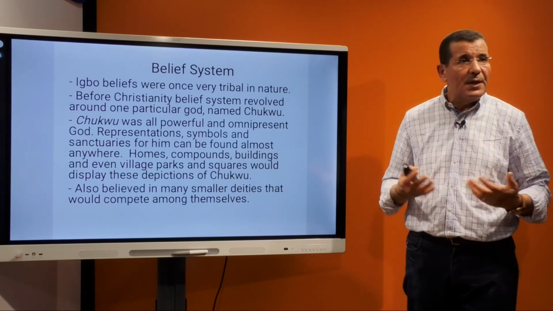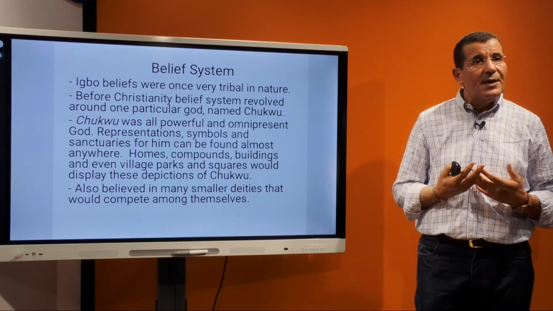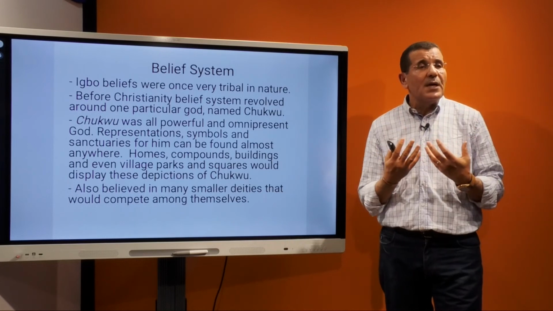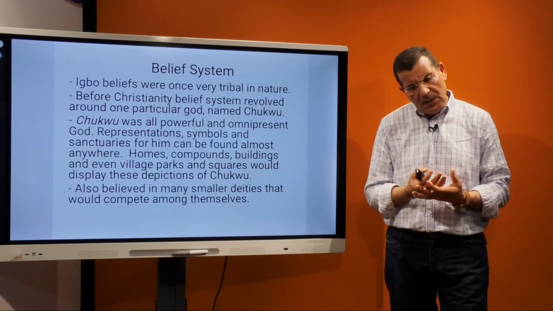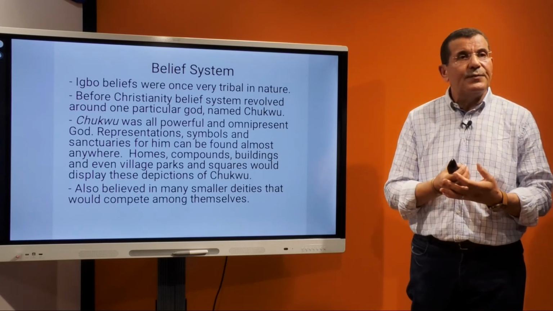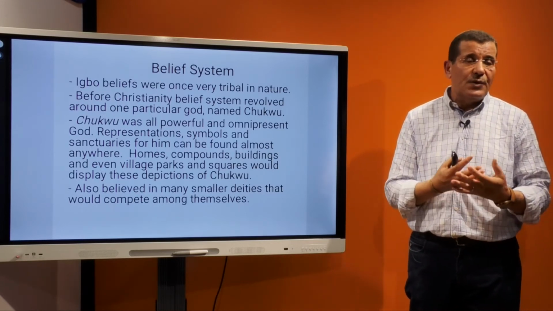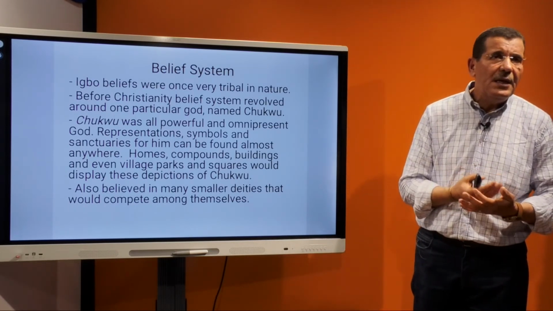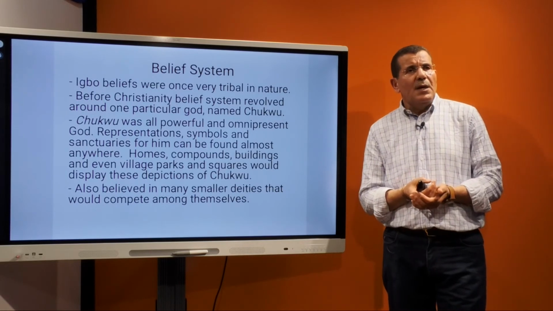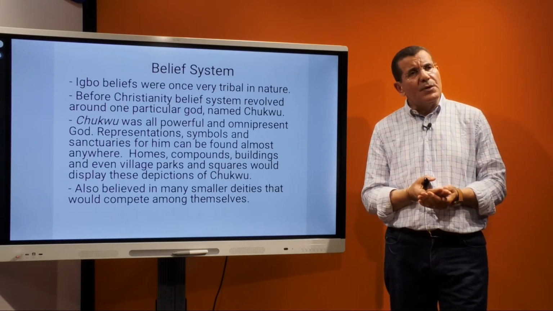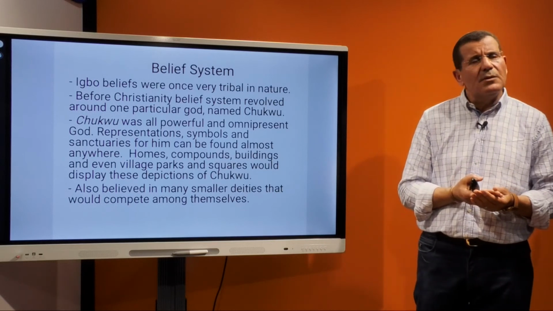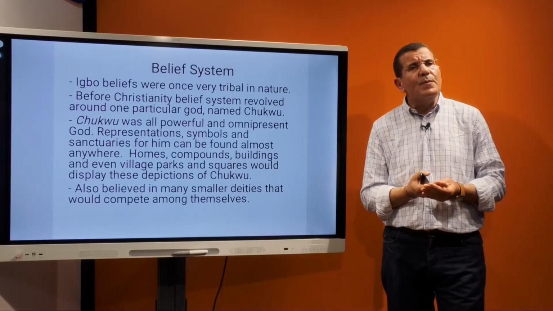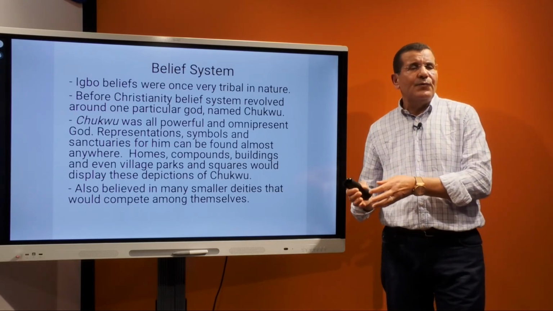Homes, compounds, buildings, and even village parks and squares would display this depiction of Chukwu, and Chukwu here is made of wood, and we know that wood here is very symbolic of the existence of nature, fertility, and power, and this belief in the power of wood reminds me of Susu Donaimi, who says in her poem, if you want to know me, examine this piece of wood.